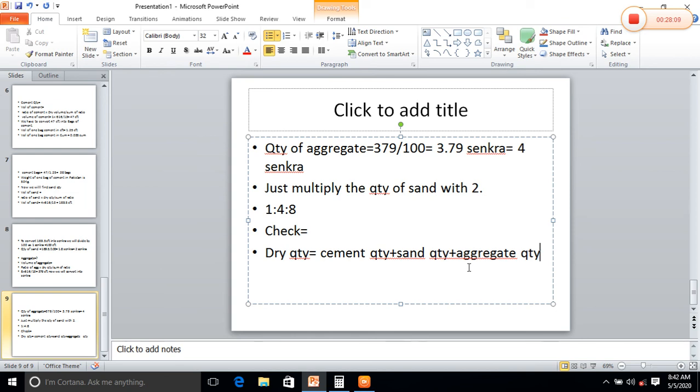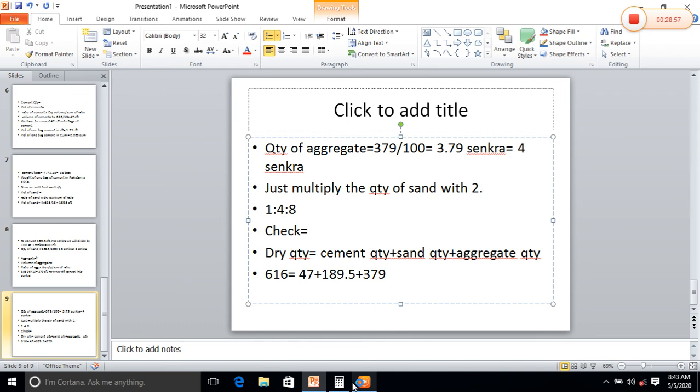Okay, so the dry quantity was 616. Okay, and the cement quantity was 47. Okay, and 189.5 was the quantity of sand, and 379 was the quantity of aggregate.